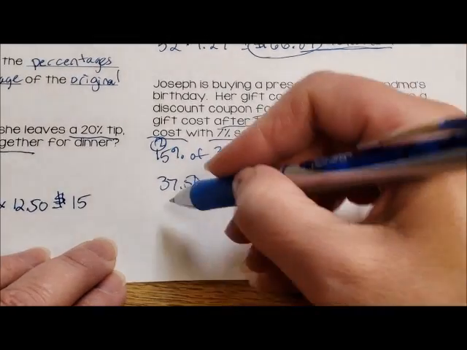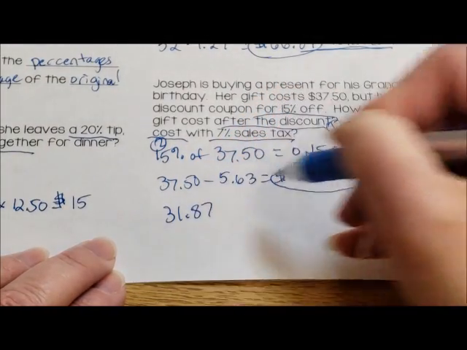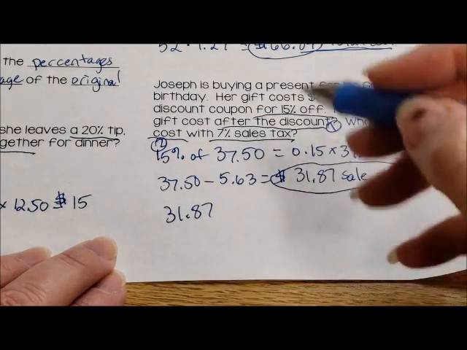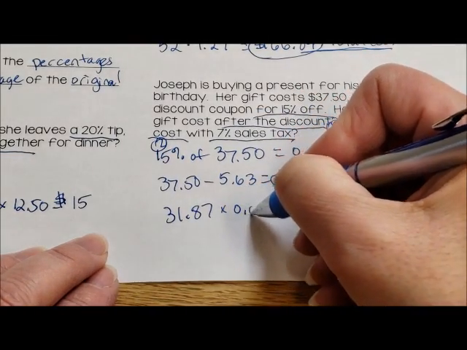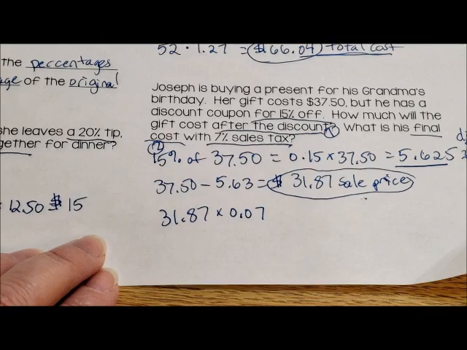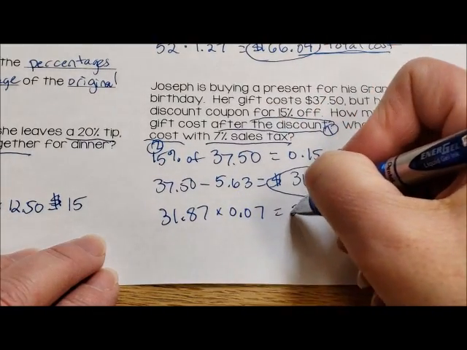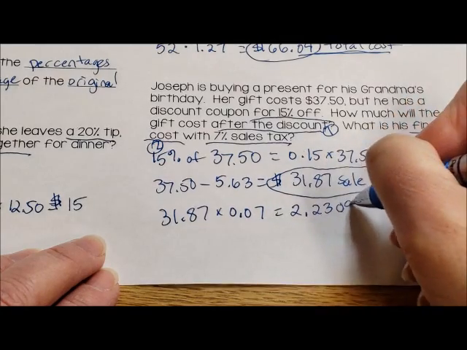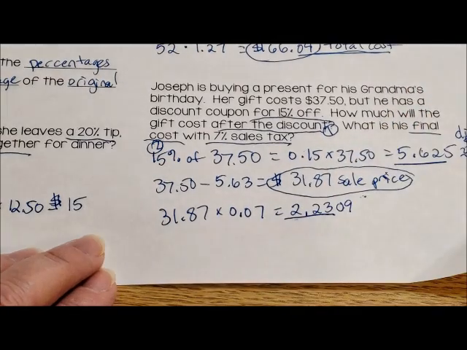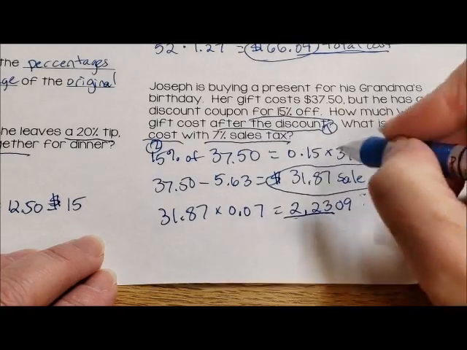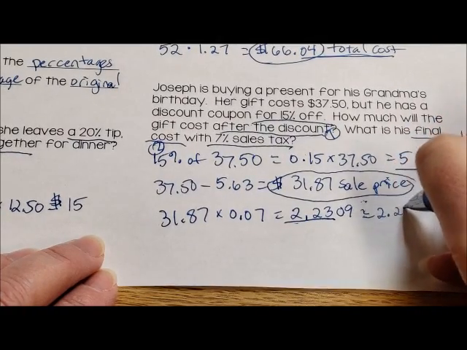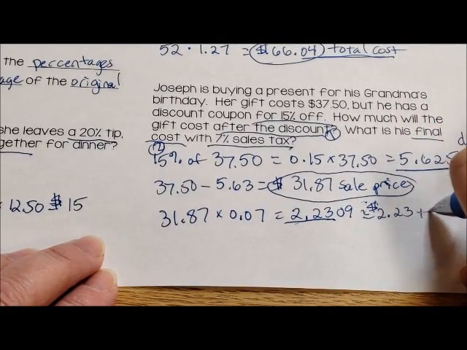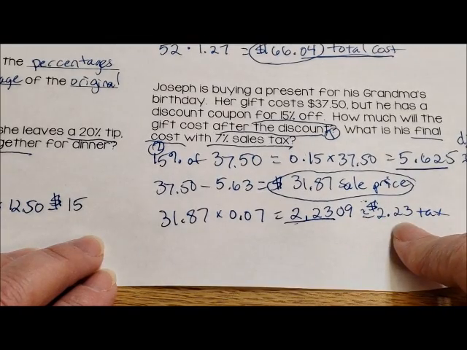So I'm going to take this $31.87 and I'm going to find 7% sales tax. So I'm going to multiply that times 0.07 for 7, and that equals 2.2309. Now again, our money only goes out to that many places, so that's going to round to $2.23. That's the tax. Again, that's not the final price.